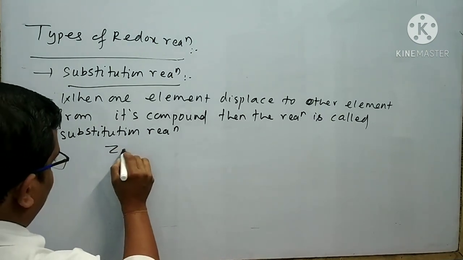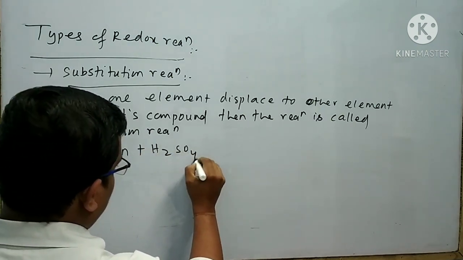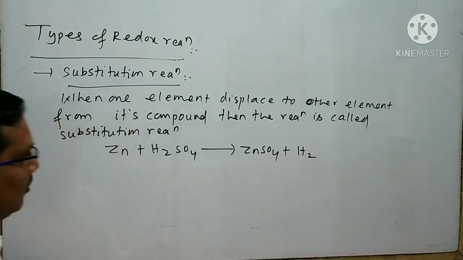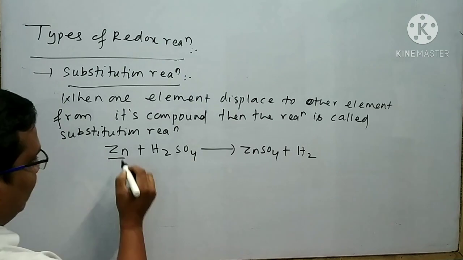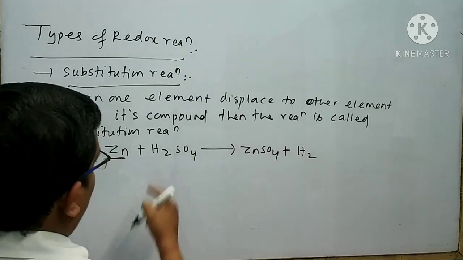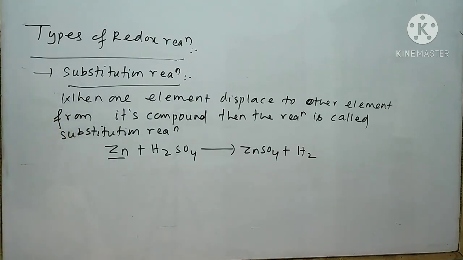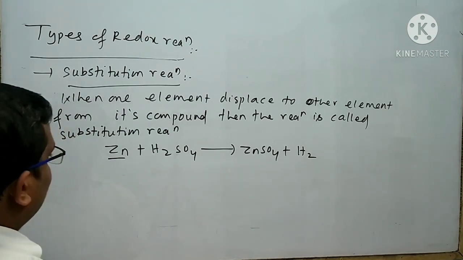Take an example, zinc plus H2SO4 gives ZnSO4 plus H2. Here zinc displaces the hydrogen from the H2SO4 compound, so it is an example of a substitution reaction.